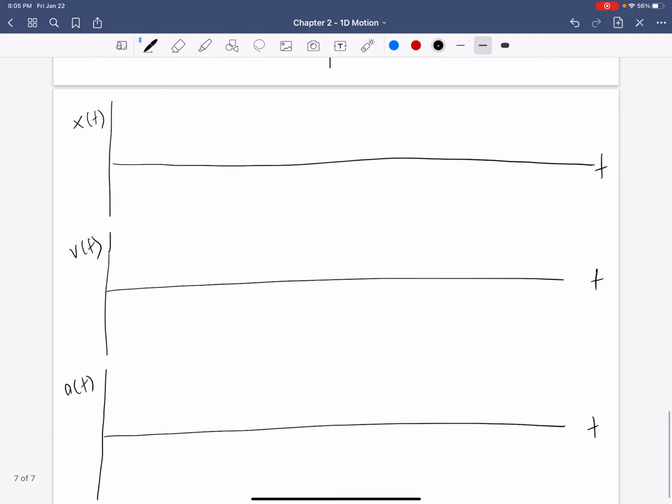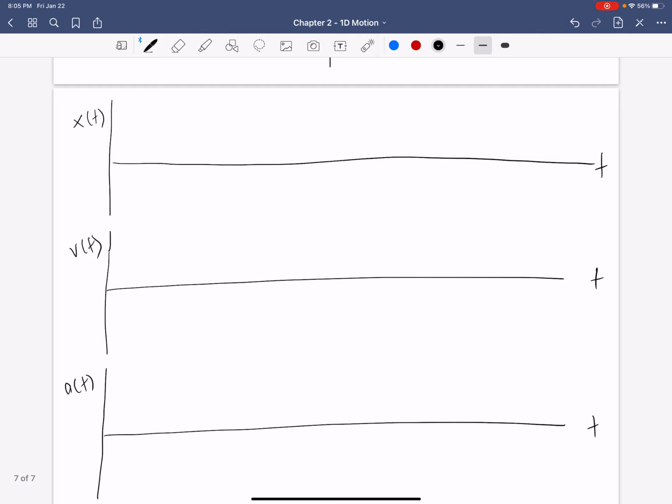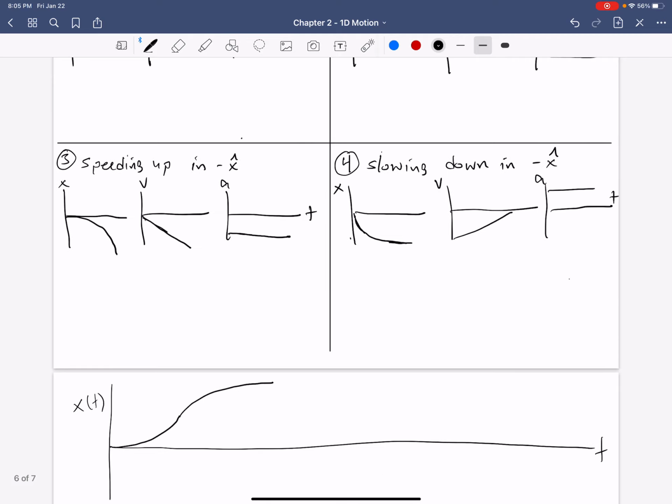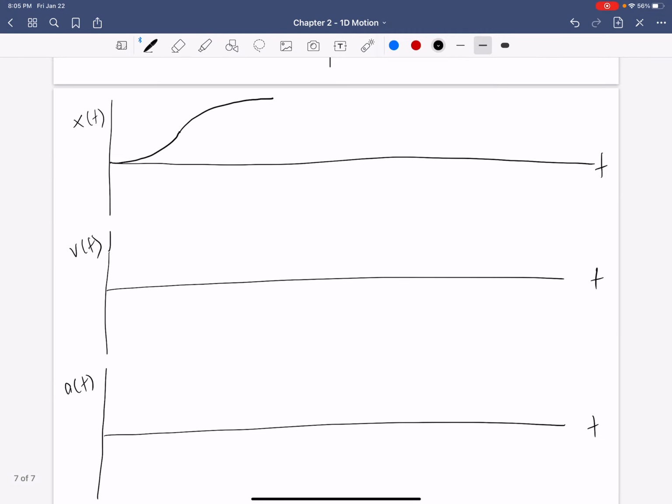So on my x of t graph here, I'm going to draw something like that, right? A concave up curve. Then we're going to slow down in the x direction. Well, that's a concave down. Something like that, right? Then we are going to speed up in the negative direction, right?